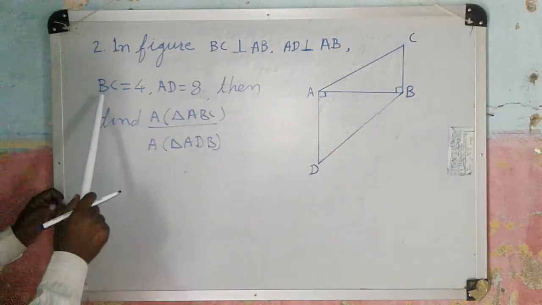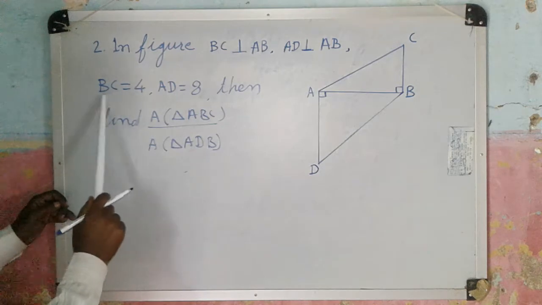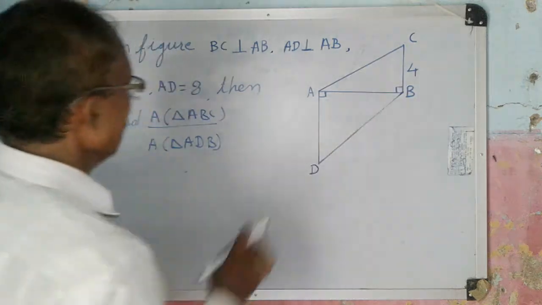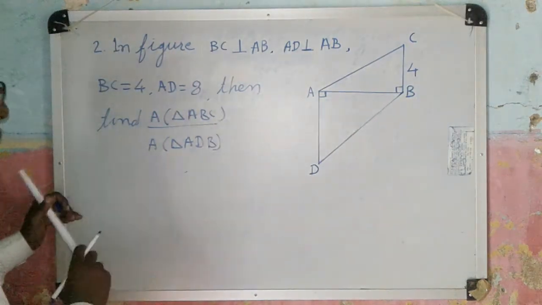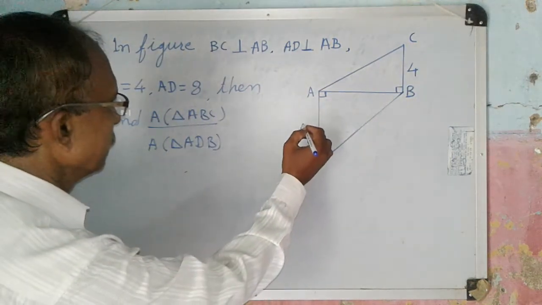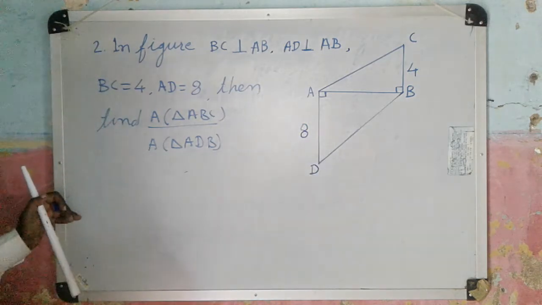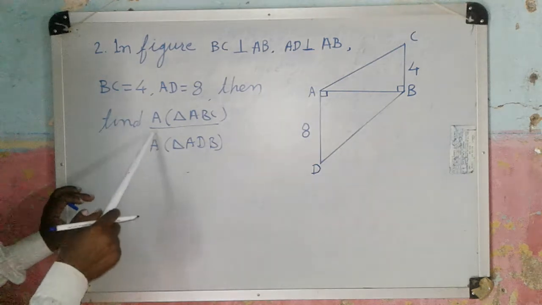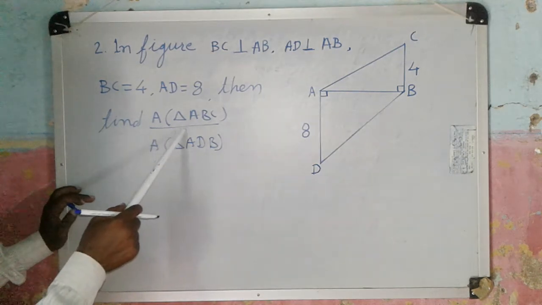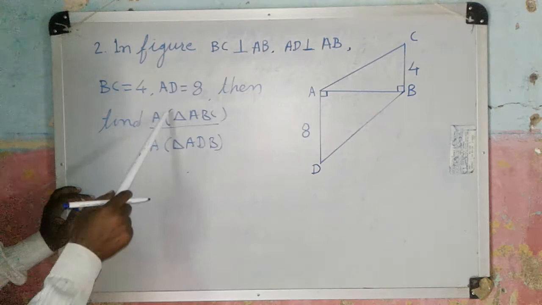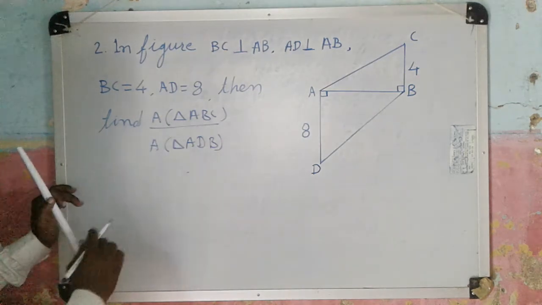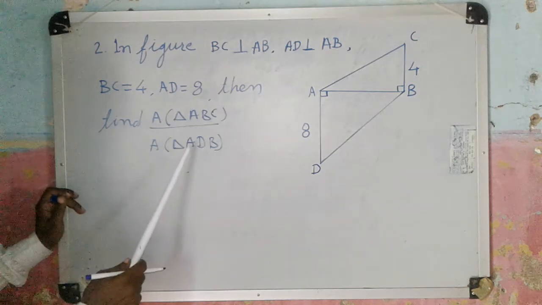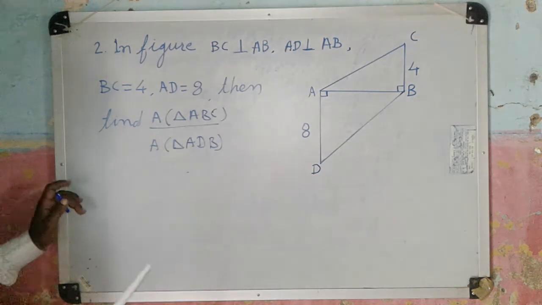Now given things, length of BC is equal to 4 and AD is equal to 8. So we have to find the ratio of areas of these two triangles. That means area of triangle ABC upon area of triangle ADB.